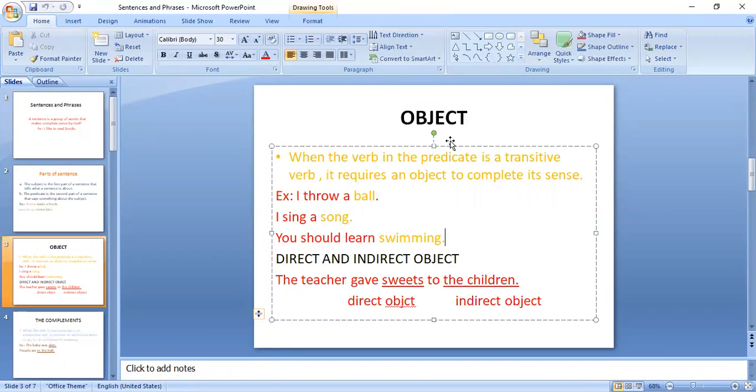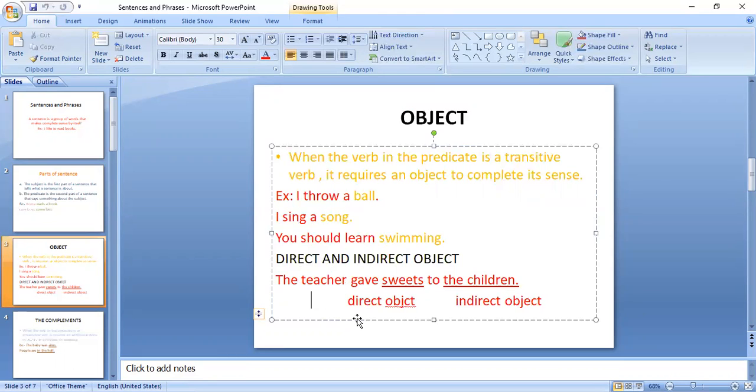Next, this object is of two types, that is direct and indirect object. Correct? Then I have taken one example for explaining direct and indirect object. The teacher gave sweets to the children.